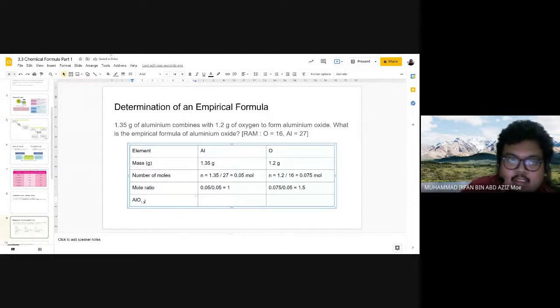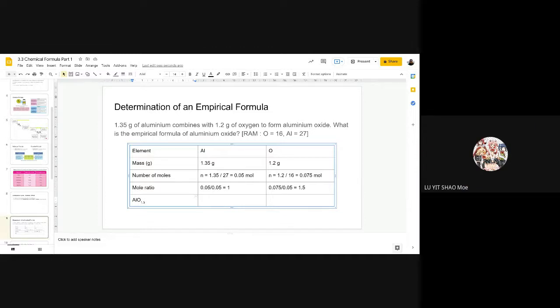Is this correct, this kind of chemical formula? Okay, anyone there? No. Why? Because the 1.5 isn't the number of the thing inside it.